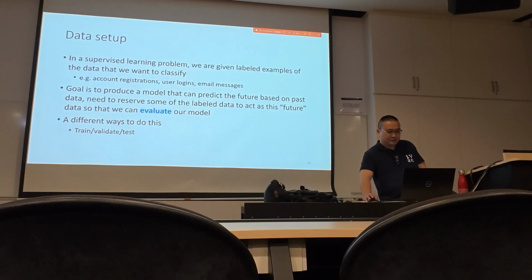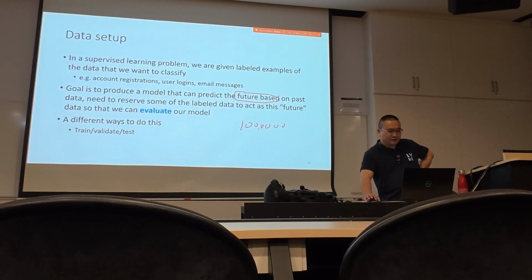And during the training, at the beginning, we will collect a lot of data. For example, we collect like 1 million data. However, we don't want to use all the data to train the model, because we also want some data to behave like the future data, and we want to evaluate the model.